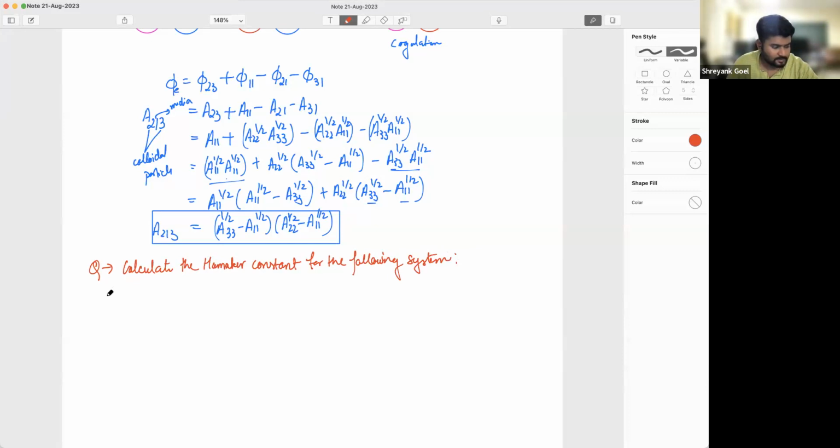So first is you have used particles of one type.